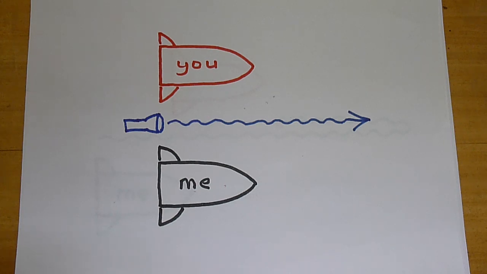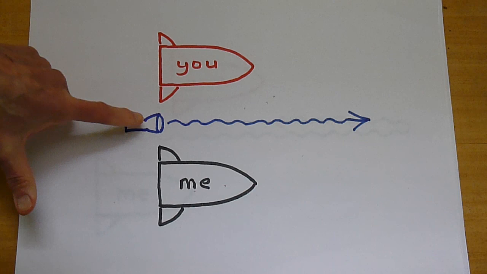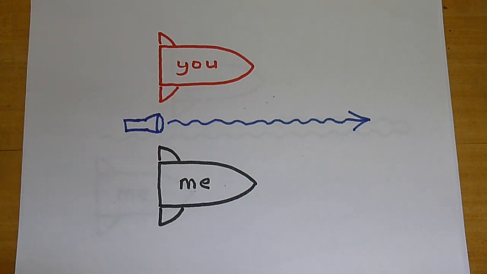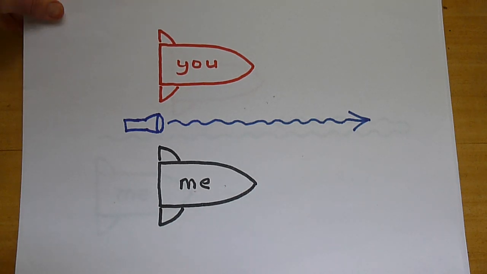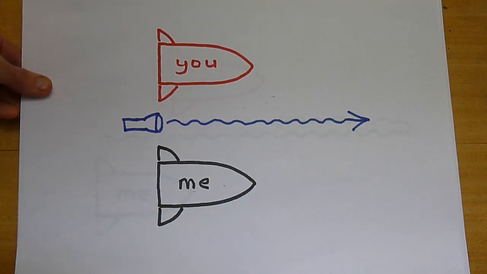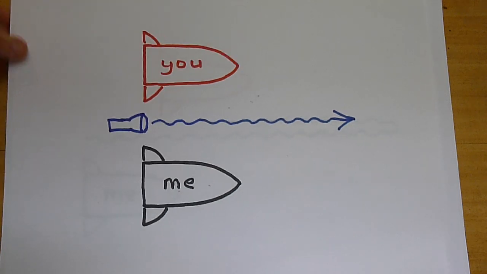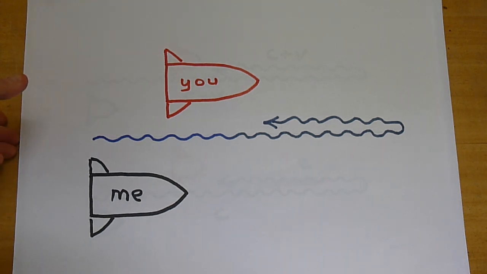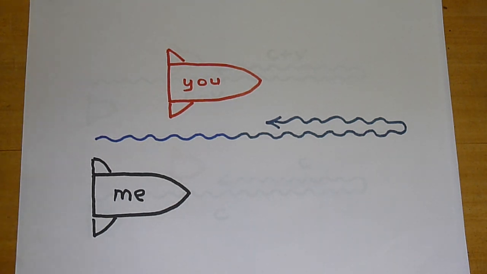So we can both consider that the torch for that split second was motionless in our own reference frame. Okay, so the pulse travels off a long way and hits a mirror and is reflected back along its original path. So it gets back to you first and eventually to me.